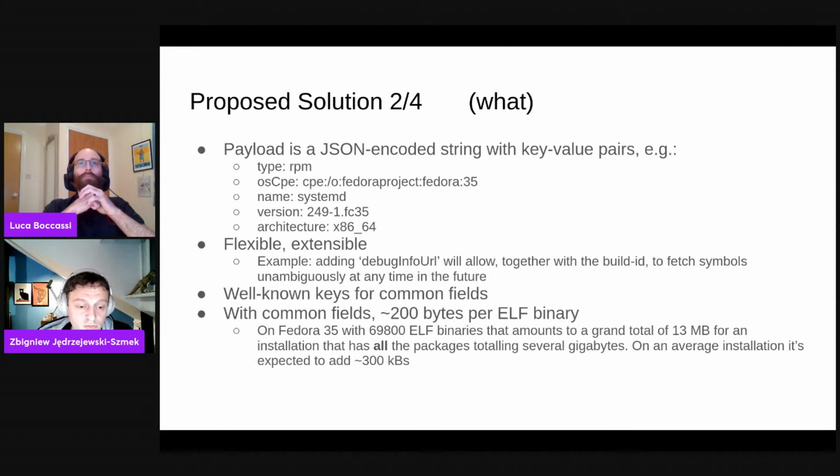So the URL which you can follow to retrieve the debug symbols later on when you have network. Since you generally have different debuginfod servers for different distributions and so on. And this is a fairly lightweight thing. It comes out to 100 to 200 bytes added to the binary. So essentially it gets lost in the noise.